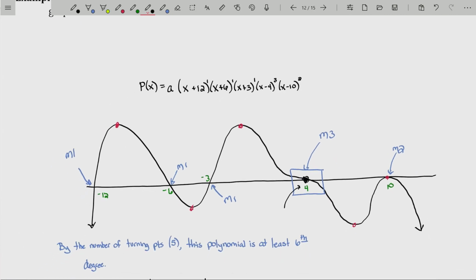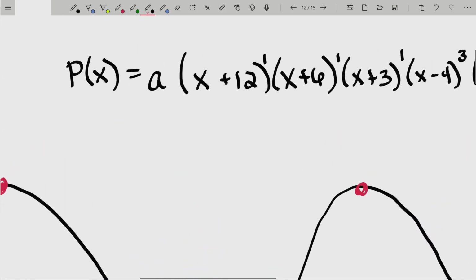So how do we approximate that leading coefficient of a? Well, you use the end behavior here. Since it's going down on the left-hand side and down as x goes to positive infinity, we know that this is going to act like an upside down parabola, so we need a negative as the leading coefficient. Now you can make up any value you want that's negative.